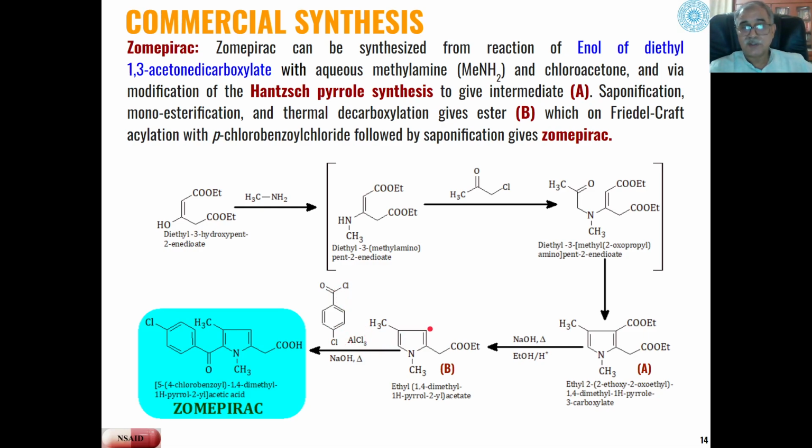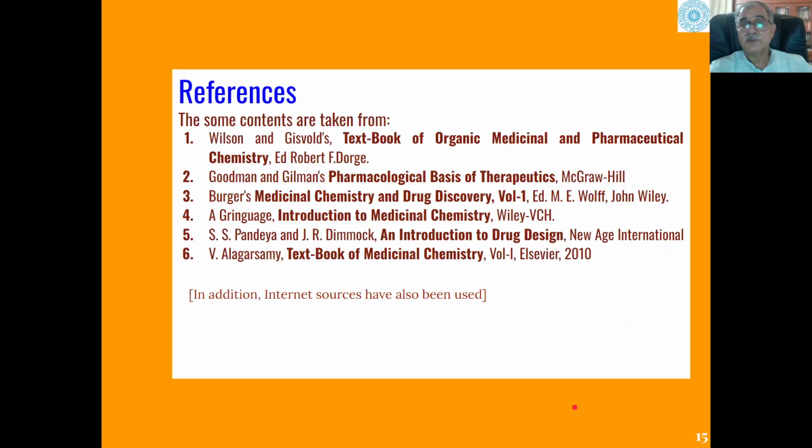So at this two position of nitrogen, there will be acylation taking place, and then with sodium hydroxide, hydrolysis of this ester group to the carboxylic acid will take place. So this is how this diethyl 3-hydroxypentene dioate is converted into Zomepirac as the product.